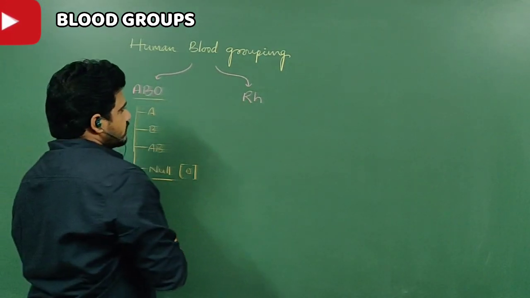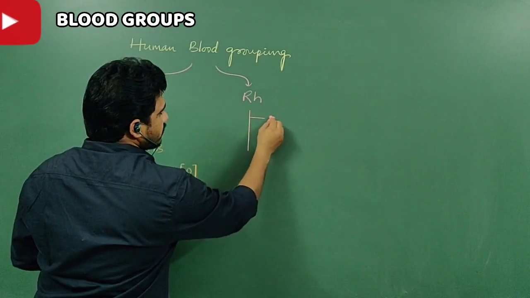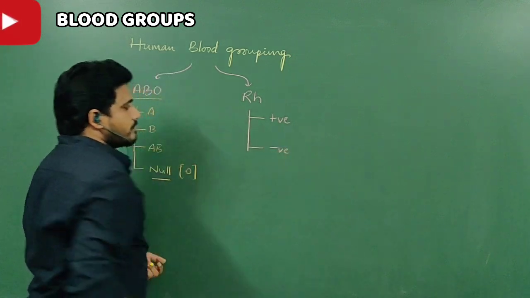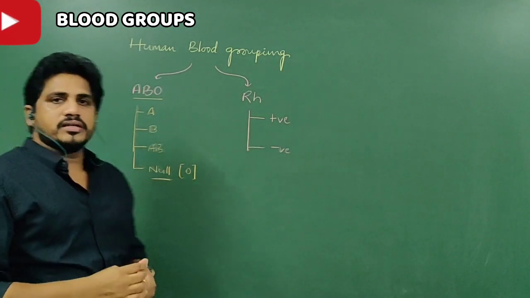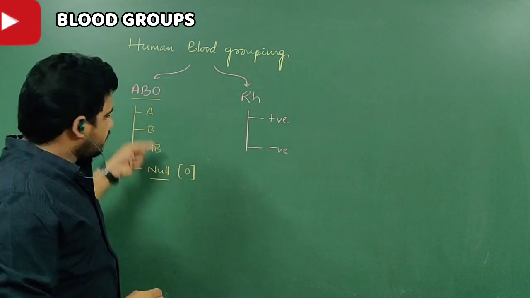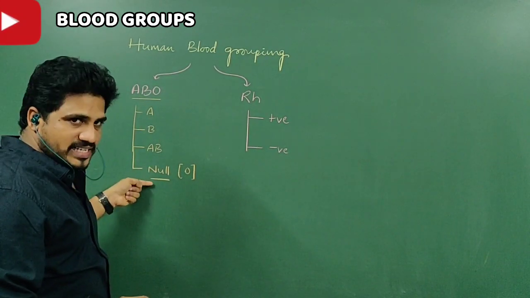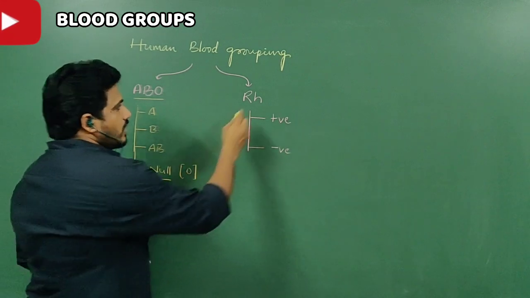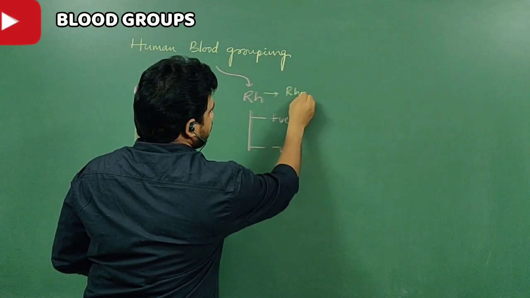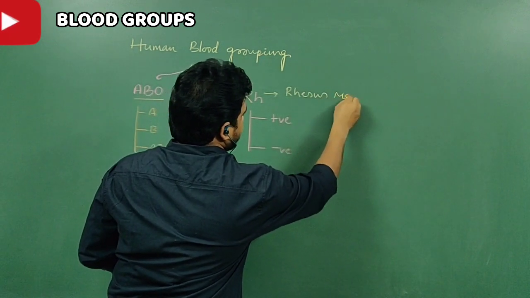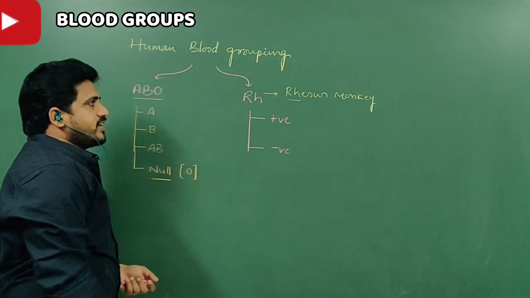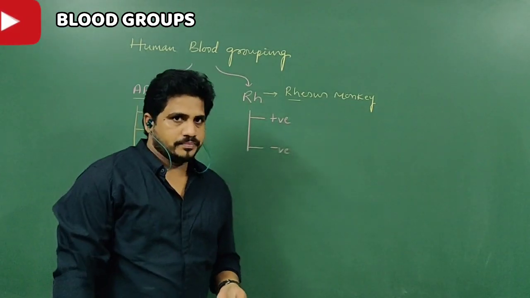Whereas here, RH group is positive in one sense, maybe negative in another. RH is a different type of antigen other than these three. It is not an antigen group of ABO. RH was first found in the rhesus monkey, so its name has been given as RH.